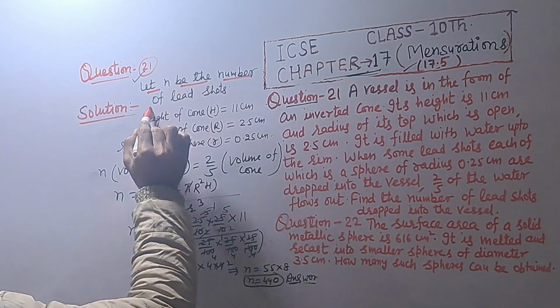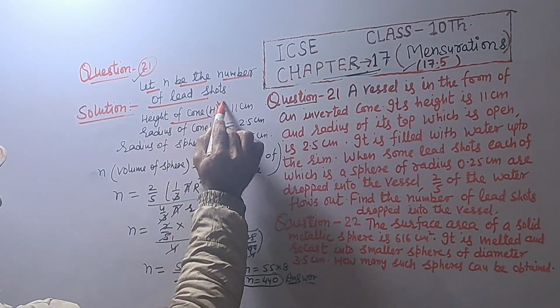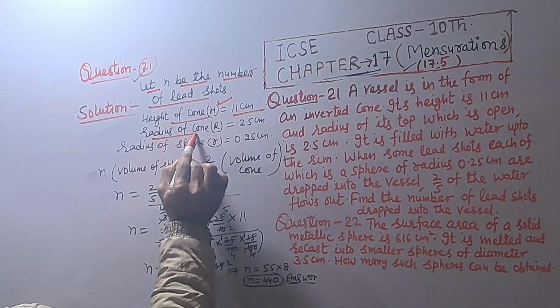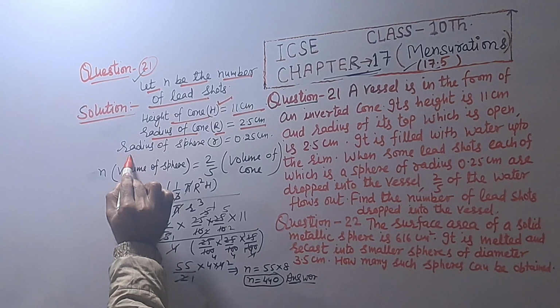Answer. Let n be the number of lead shoots. Height of cone capital H equal to 11 cm and radius of cone capital R equal to 2.5 cm.